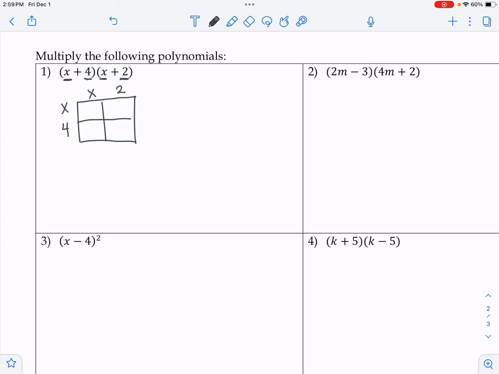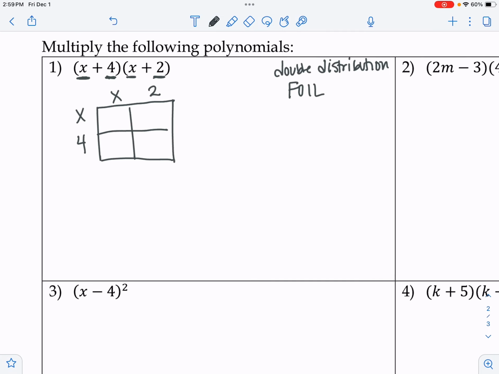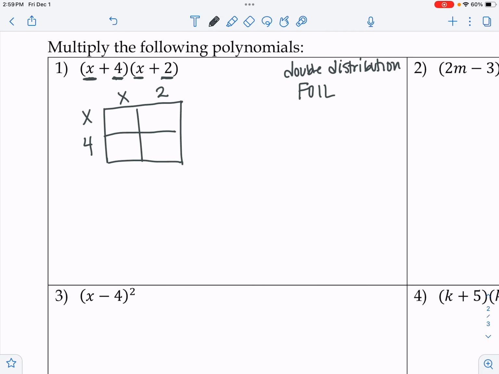Every term gets multiplied by every term. Some call this process double distribution, since we're distributing two terms to each. Some call it FOIL. I like calling it the box method. It's all essentially the same strategy. The box just helps you organize it.